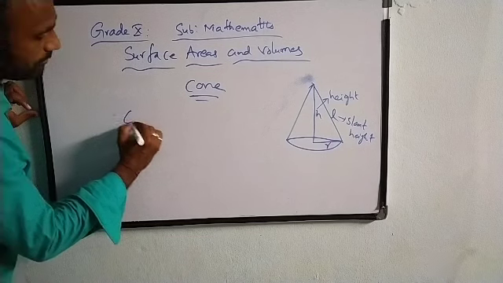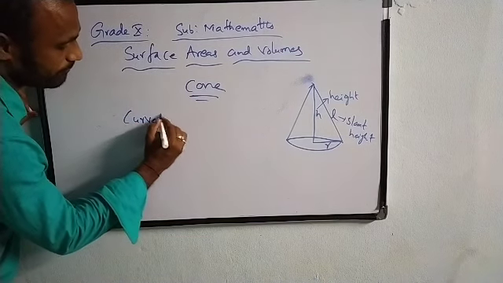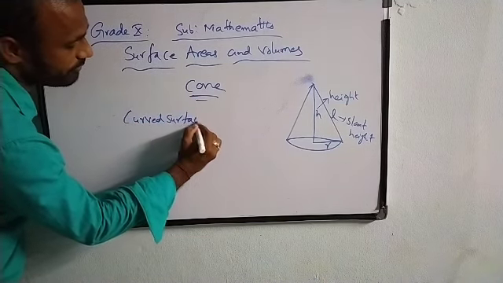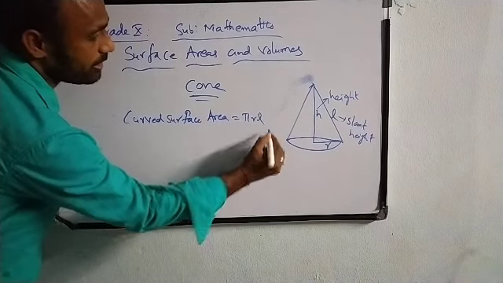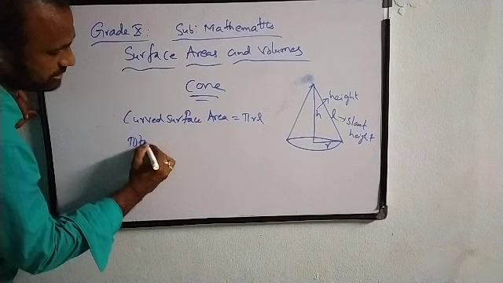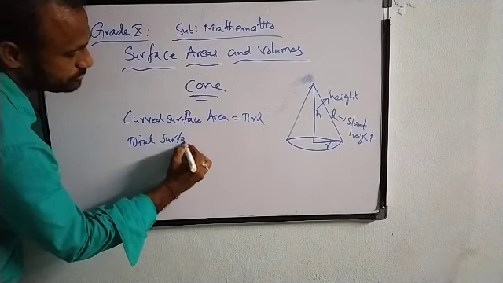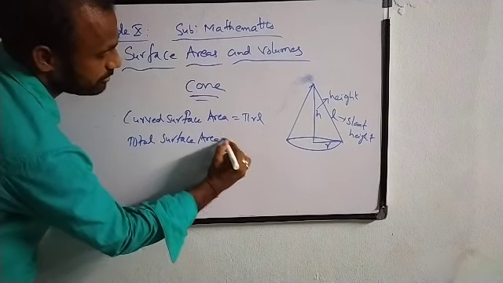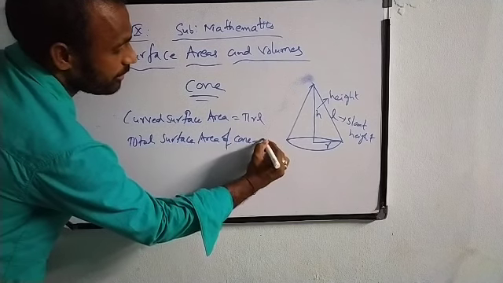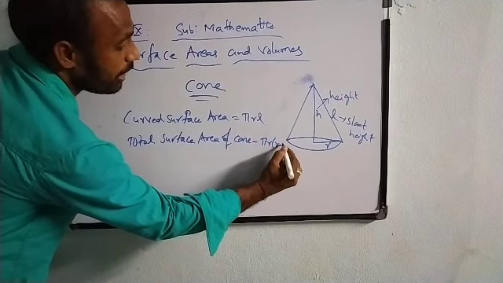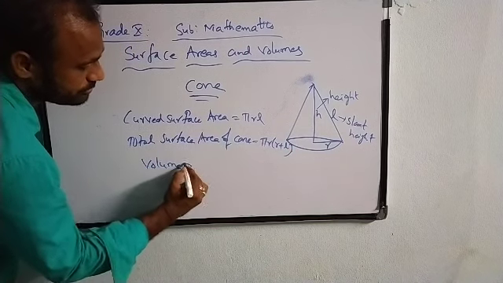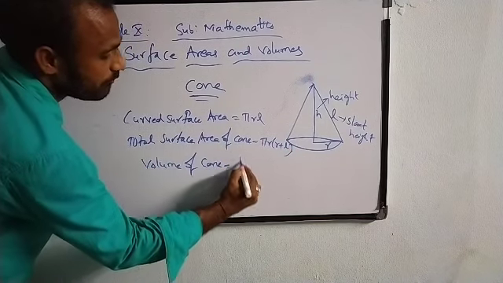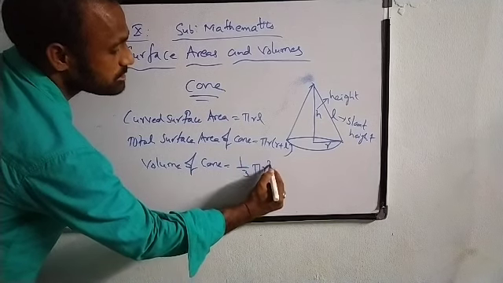For the cone, curved surface area is equal to pi r l, and total surface area of the cone is pi r into (r plus l). Volume of the cone is 1 by 3 pi r square h.